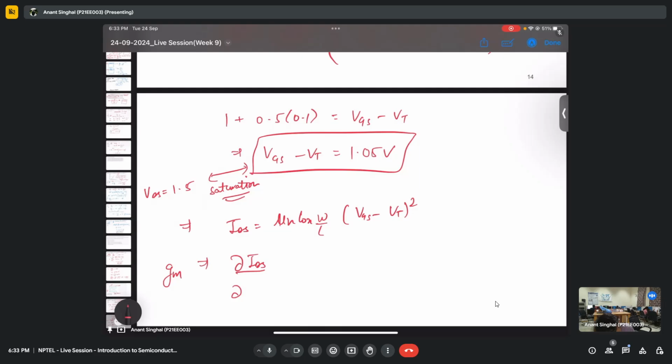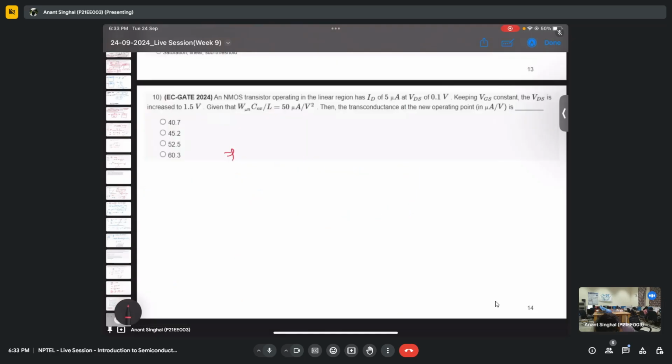So what I have calculated is VGS minus VT was 1.05 volts, VDS is 1.5 volts. So GM is nothing but del IDS by del VGS. IDS in saturation is K by 2 times VGS minus VT whole square.